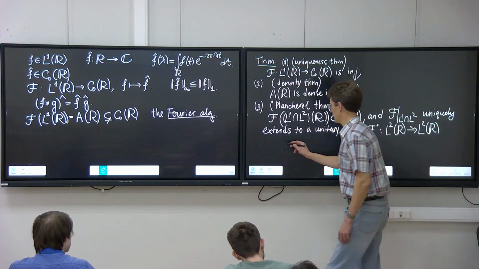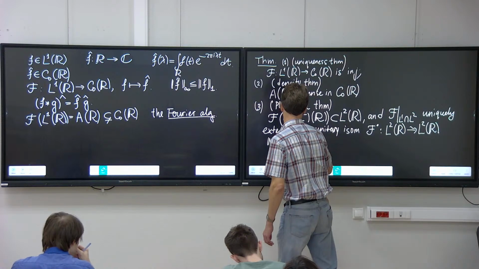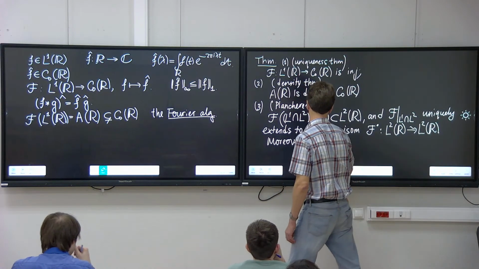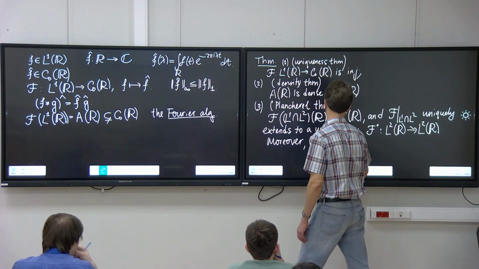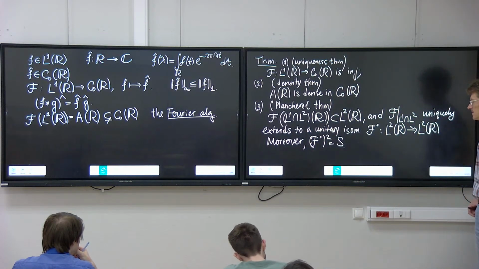And moreover, F dot squared is just the antipode map S, which takes function f of t to f of minus t.